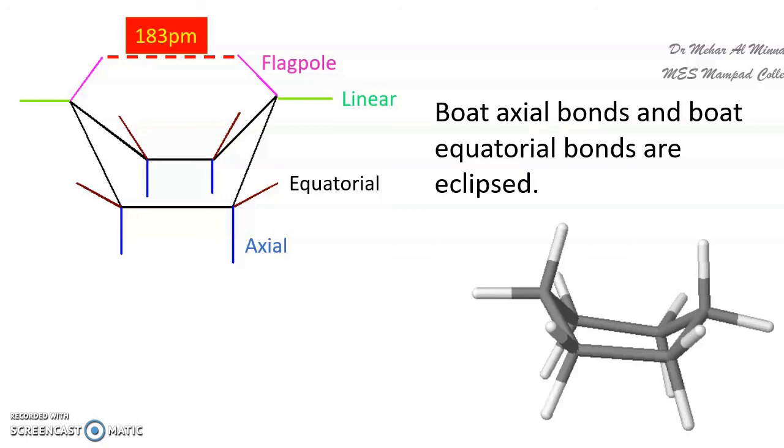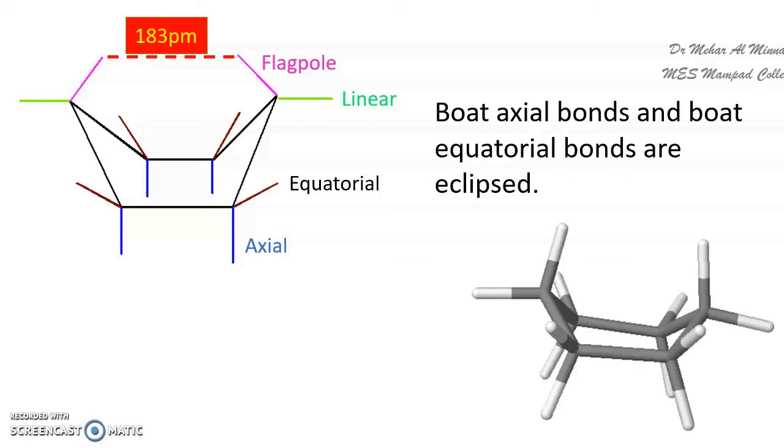So when we place two hydrogen atoms just touching each other and measure the distance from one nucleus to the other, it will be 240 picometer. So 240 picometer is the minimum distance wherein there is no overlapping of the hydrogen atoms. Here the distance between the flagpole hydrogens is 183 picometer, which is less than 240 picometer. So obviously these two hydrogens will be interacting, or overlapping.